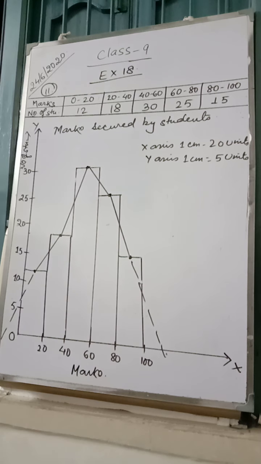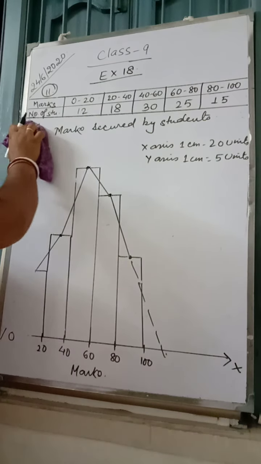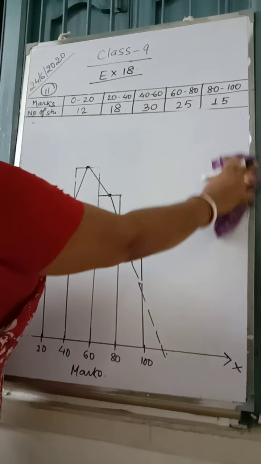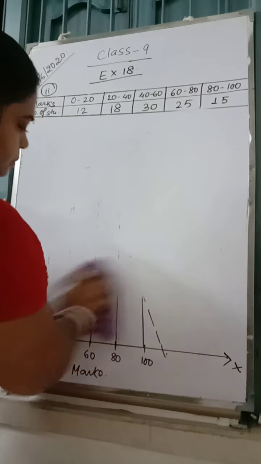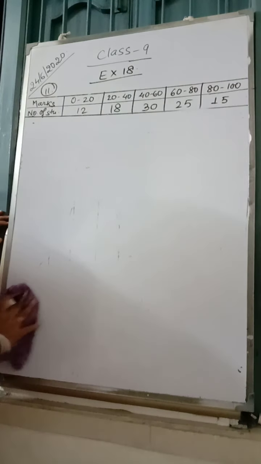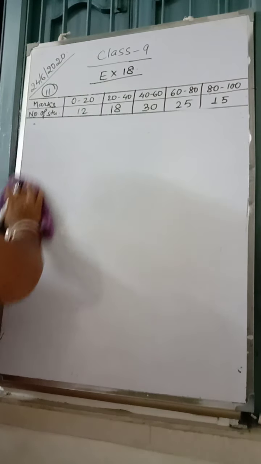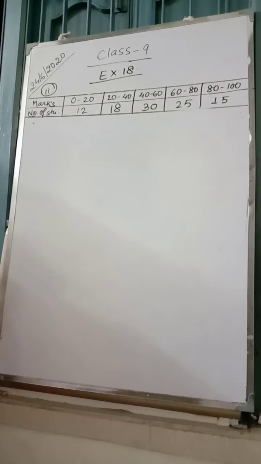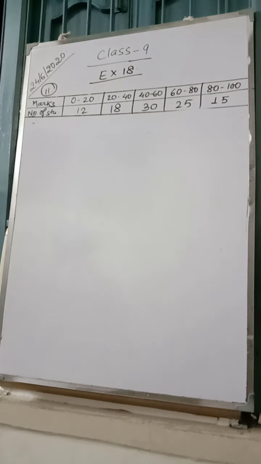Have a look at question number 13. This is done. This is 13, expenses, number of families.